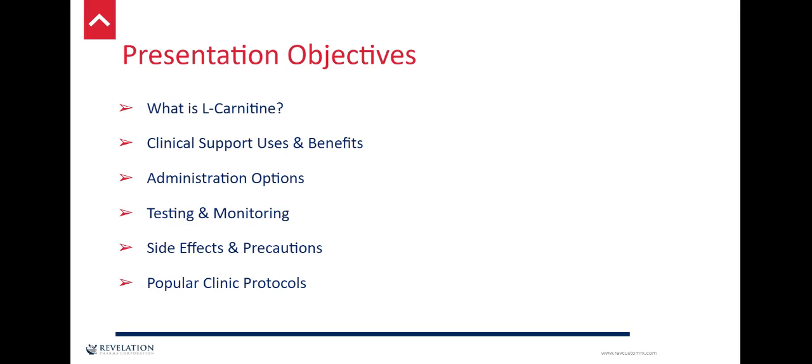We'll look at typical testing and monitoring, side effects, precautions, contraindications, all those things to watch out for to be on the safe side, and then popular clinic protocols most often used on the outpatient side, like weight loss medical clinics, versus the acute care side, but we'll cover that a little bit as well.